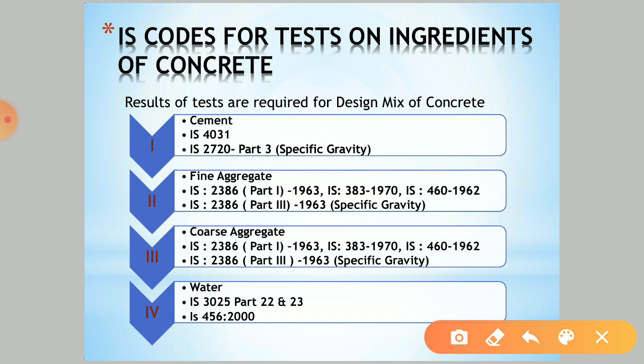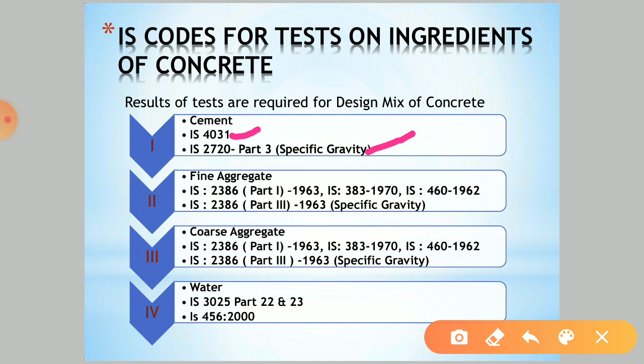Suppose you are using OPC 43, it should have sufficient compressive strength. We have to check whether it is satisfying the standards. IS 4031, different parts we have to use to check the cement, and to calculate its specific gravity we use IS 2720 part 3.